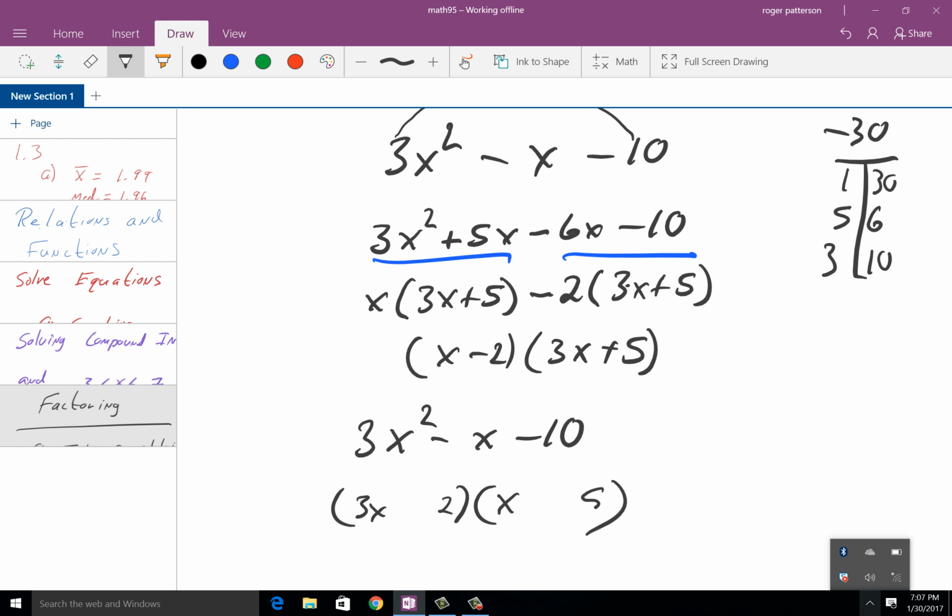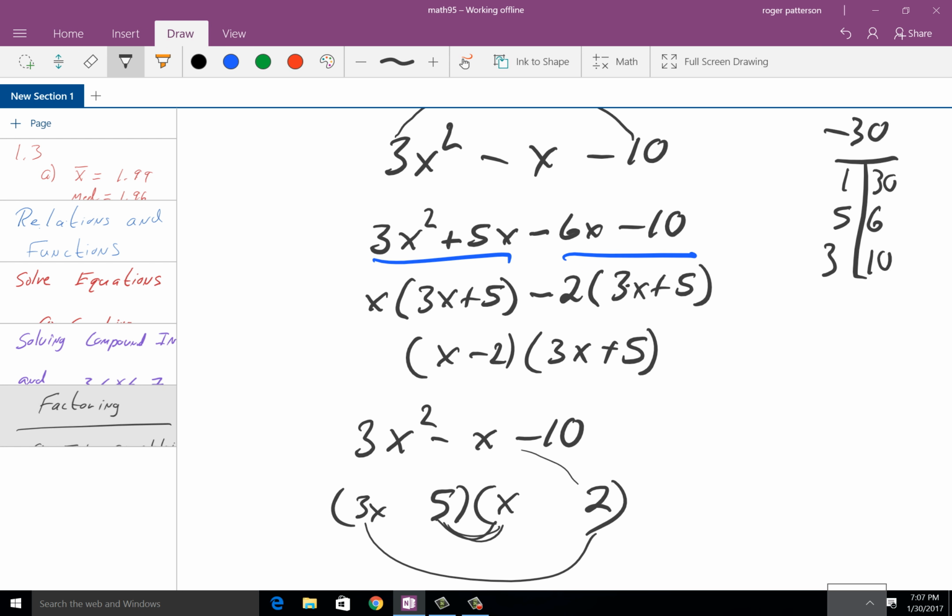So I'm just going to put it here. Okay, I know I have to have a negative. 3 times 5, what's that give me? 15, and this gives me 2. So 15 and 2, that doesn't give me the 1 I want. So I'm going to switch this around. That gives me 5, and this gives me 6, right?